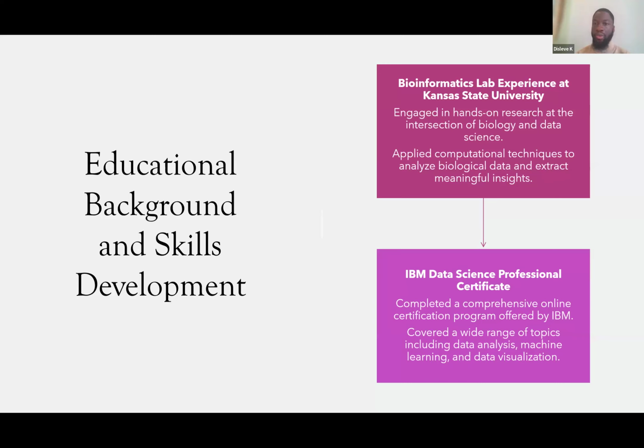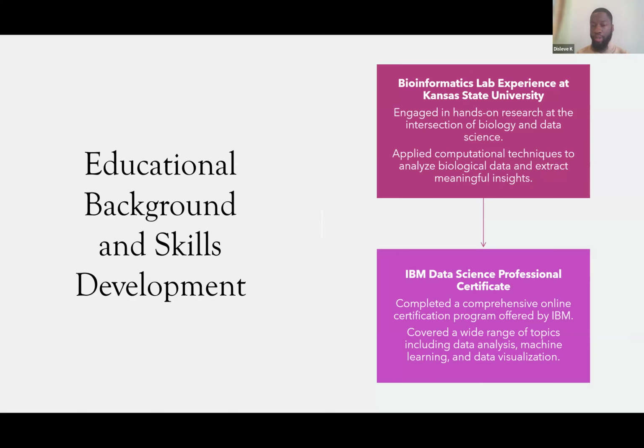It also opened my eyes to computational techniques which we can use to analyze biological data and extract meaningful insight. This also gave me a new passion for data, because I think with data we can solve a lot of problems and we can gain a lot of information on things that we didn't know before.